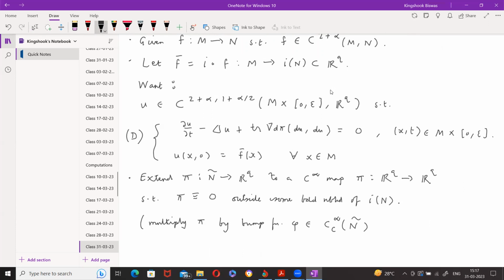All right, such that phi is equal to 1 in a neighborhood of I of n. Okay, so that gives me an extension.